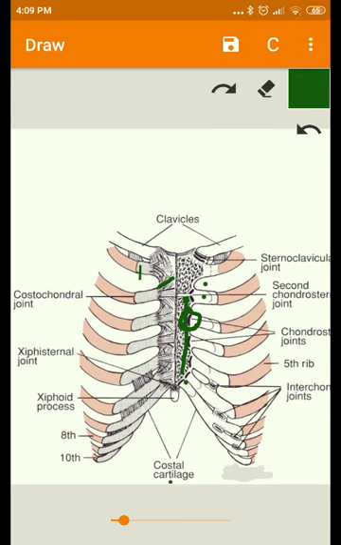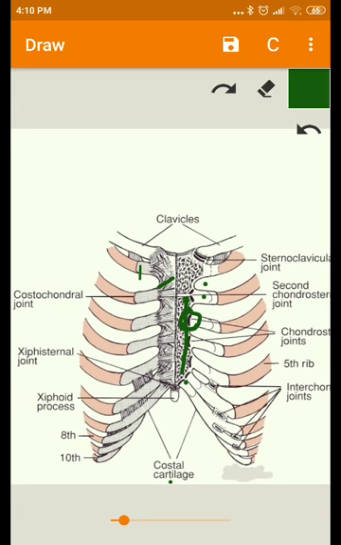In some books they have given it from the 5th to 7th, and in some from the 7th up to the 9th. So from the 5th to 9th, the costal cartilages articulate with one another by synovial joints.